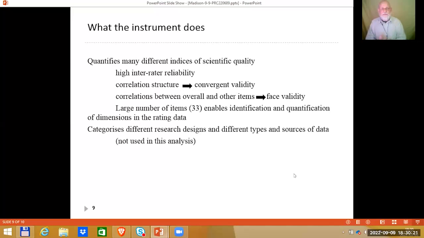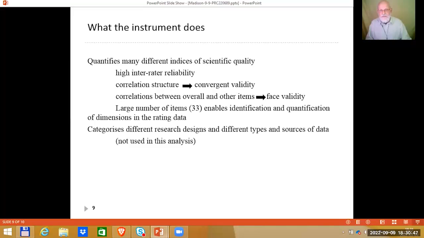So what the instrument does, to summarize a bit, is that it can quantify many different indices of scientific quality. Of course, this is just one way of designing an instrument like this, but it seems to make some level of sense. It has high inter-rater reliability as tested upon these 15 participants.